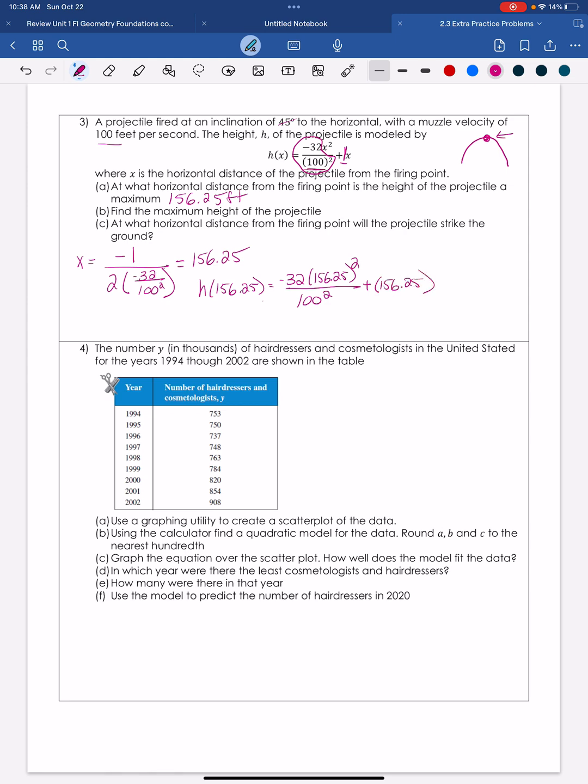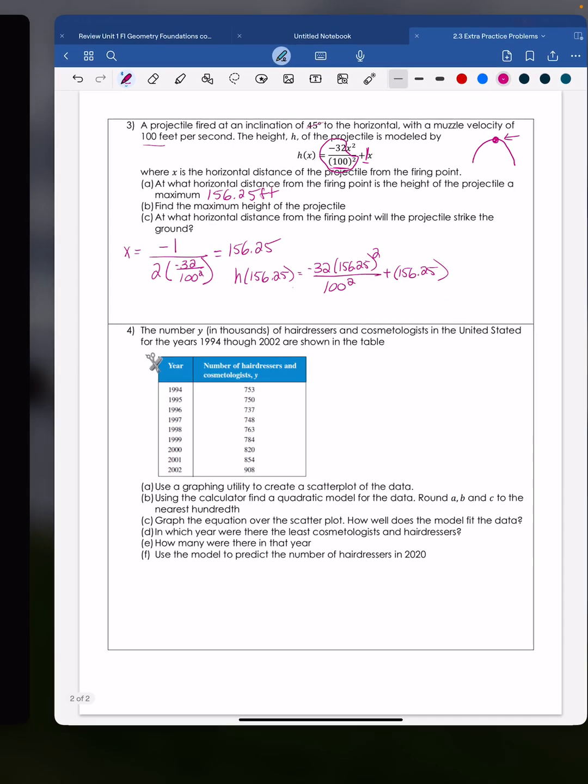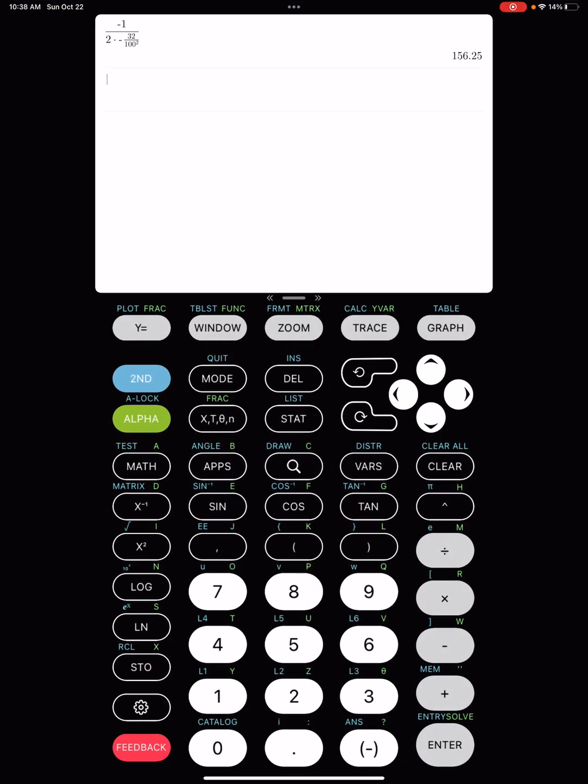So we put all that in the calculator, and I have 78.125.